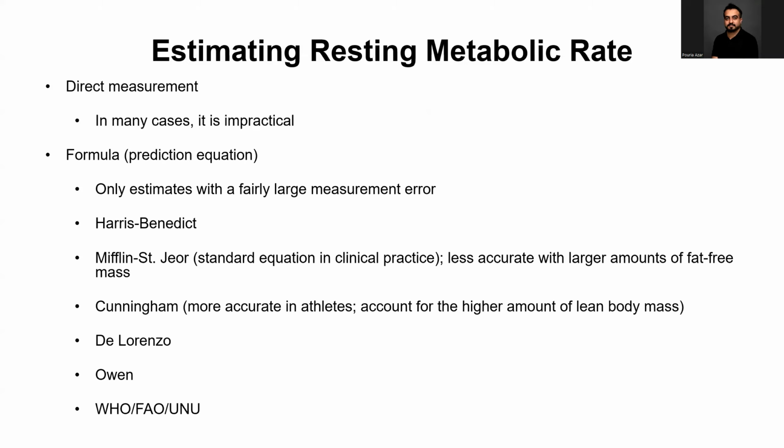We have Cunningham, which is more accurate in athletes, and we have other formulas or equations to estimate resting metabolic rate. But for athletes and in sports nutrition, we use Cunningham and Harris-Benedict.